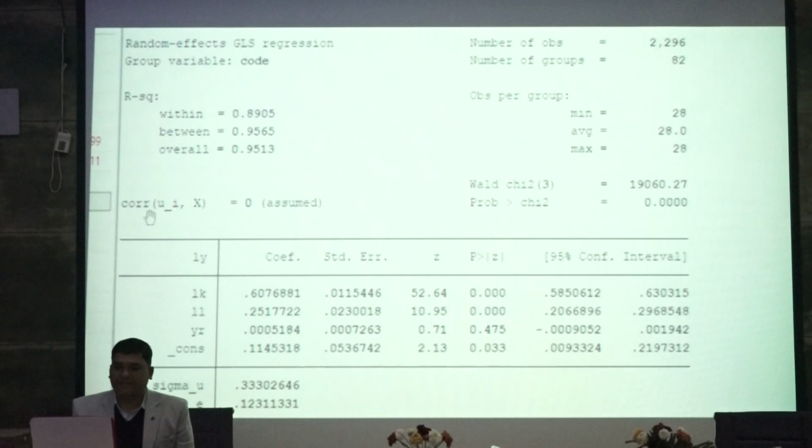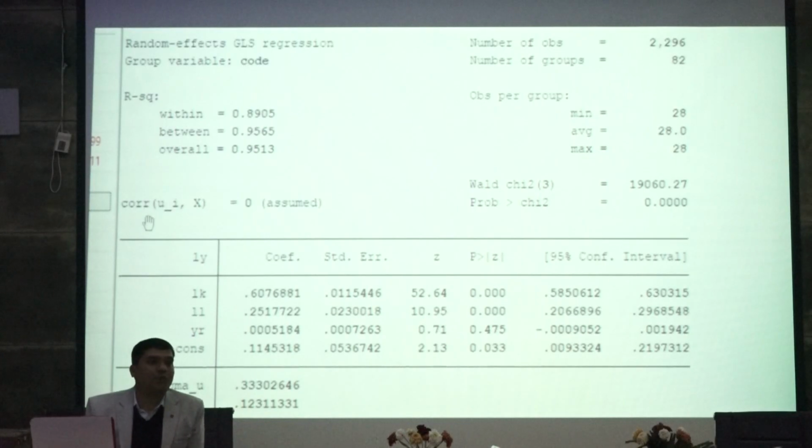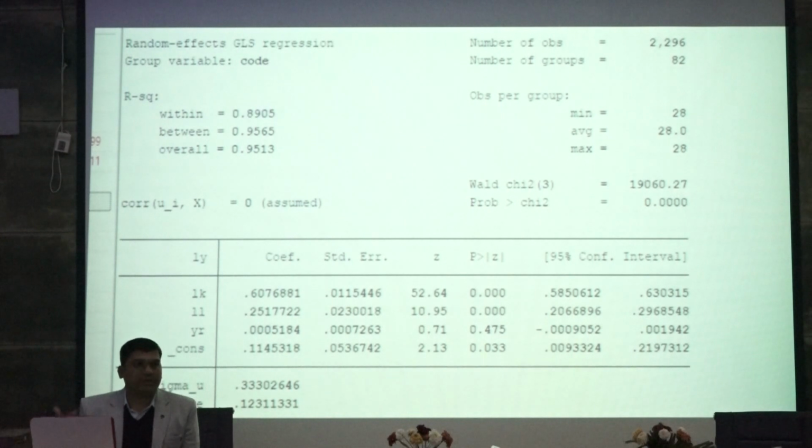Now you can check the correlation between ui and xi is assumed 0. Why is 0 assumed? Because we select a random effect model. So this is the assumption. Uncorrelated.